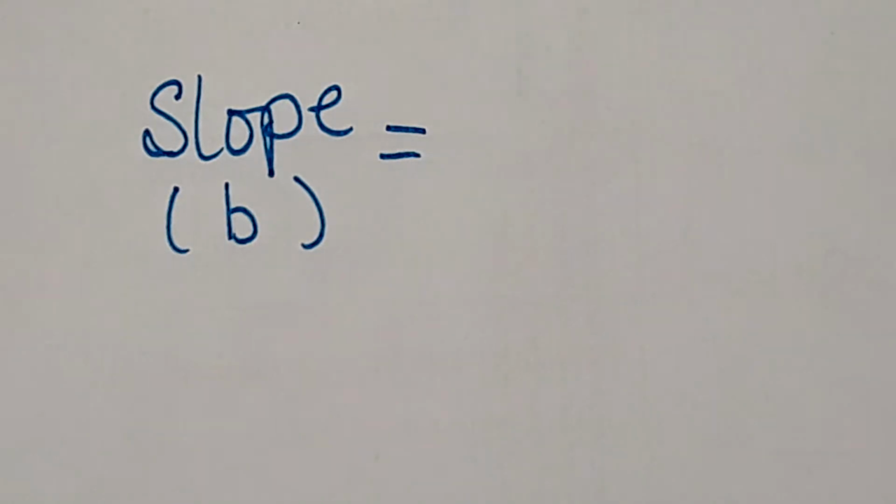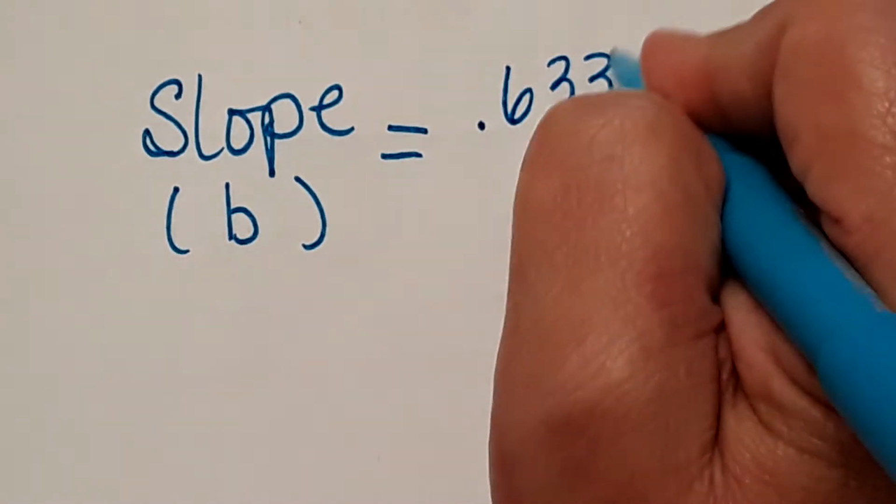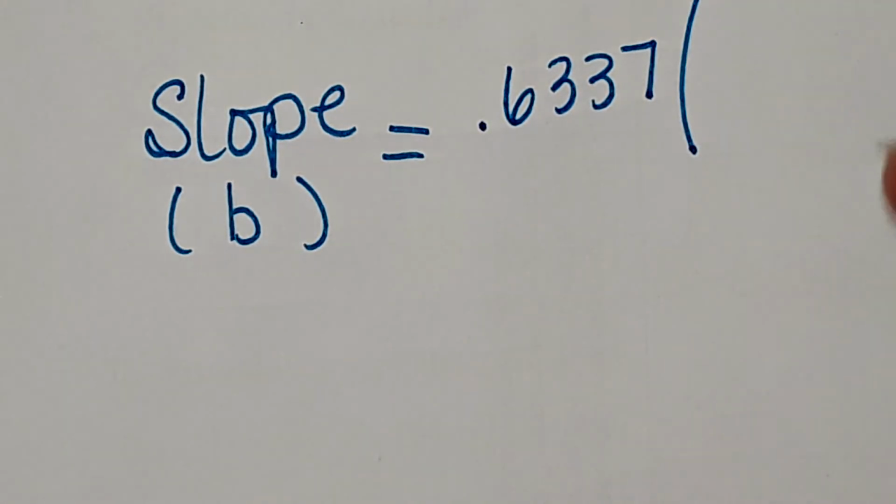And our R is what in this problem? 0.6337. And you guys, if you think about slope, it is the change of y over the change of x.